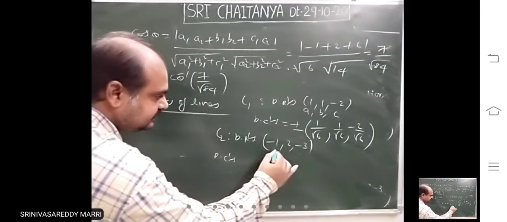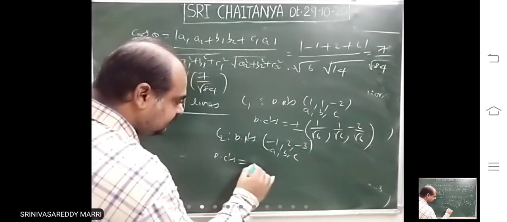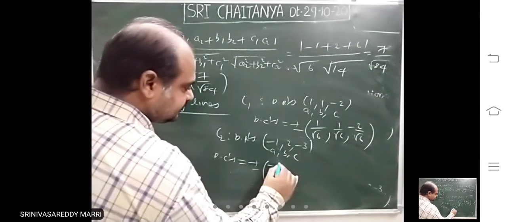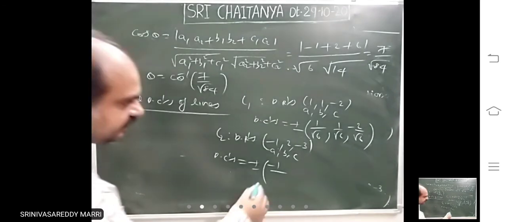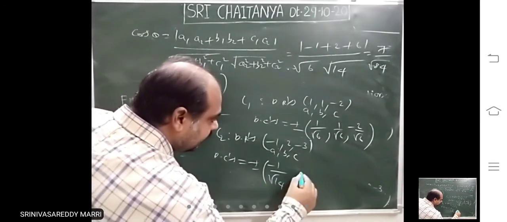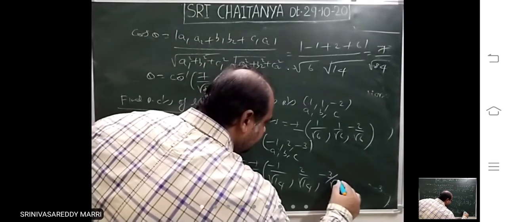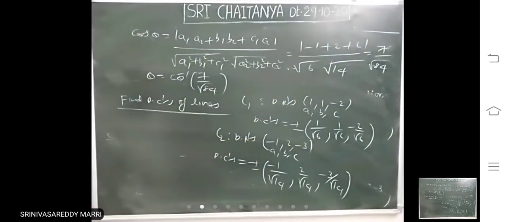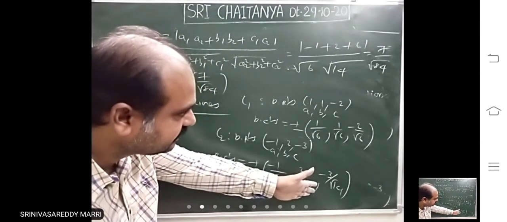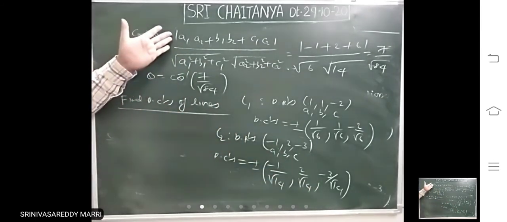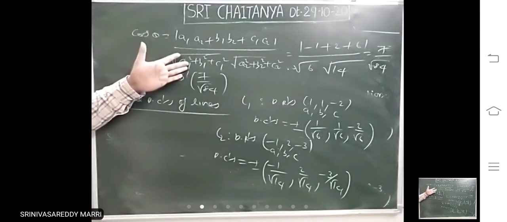Therefore, DCs, these are A, B, C: plus or minus 1 divided by root 14, comma 2 divided by root 14. Correct. If you ask DCs, you write this. Angle means just formula. DRs you have calculated already. This.